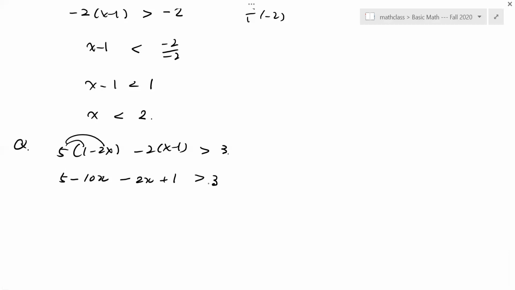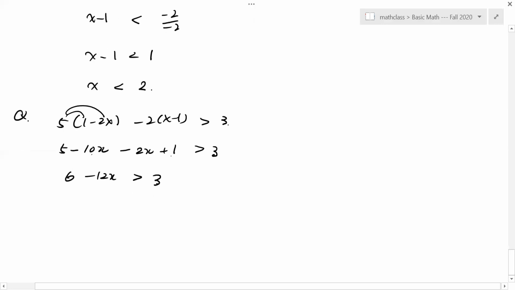Then you simplify. 5 plus 1, 6. Negative 10 minus 2, negative 12x, greater than 3. Right? Then you subtract 6 from both sides. So you move 6 to the right-hand side, change the sign.